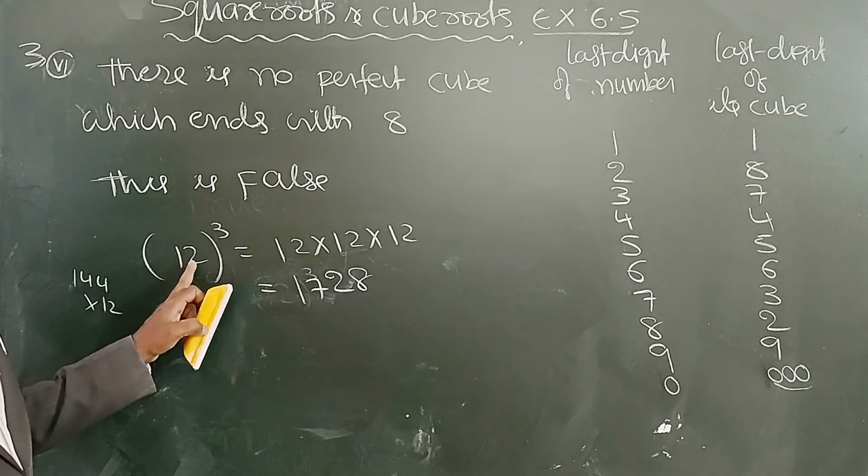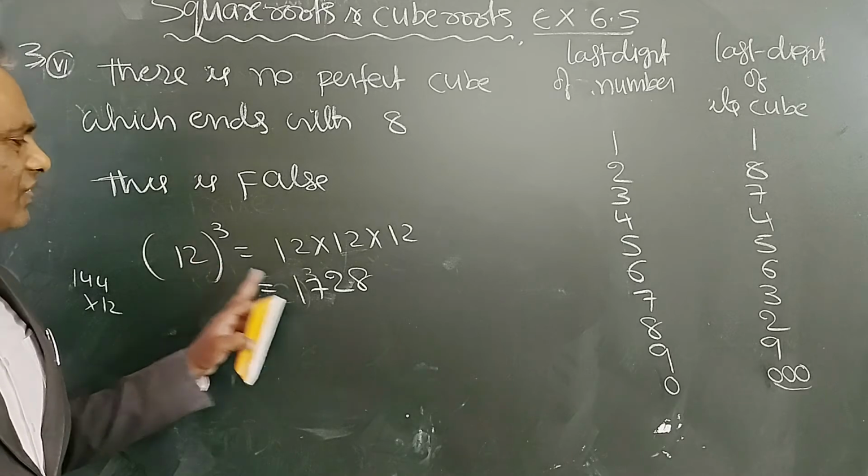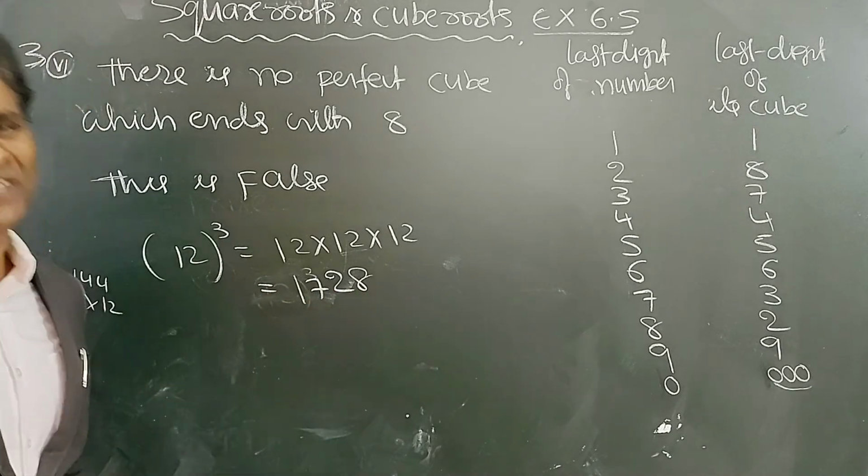Last digit 2 means last digit 8 is possible.